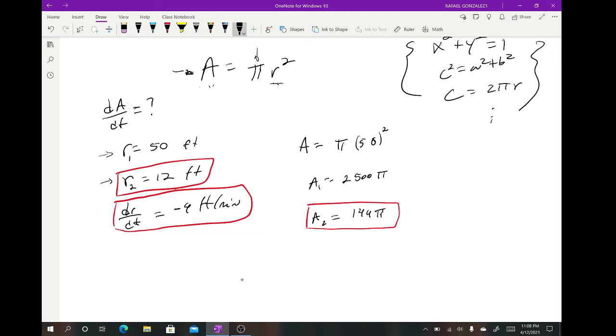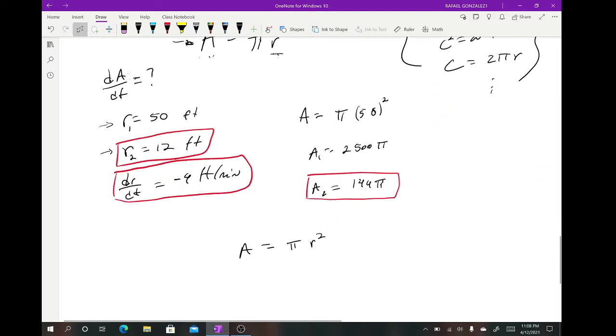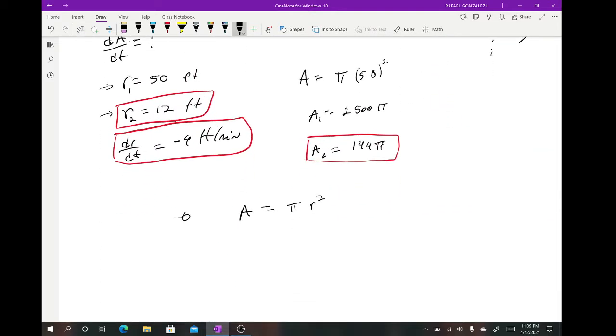All right. So what should I do now? Well, remember that the rate of change, we get that by taking the derivative of the equation that we have. So if we take the derivative of this equation with respect to time, t, then what do we have?